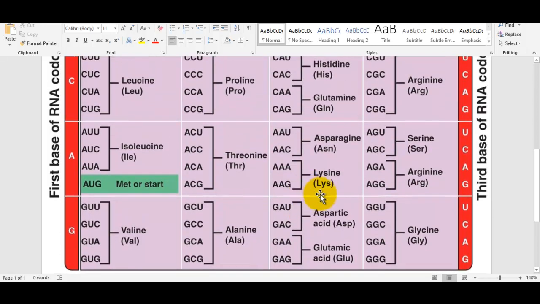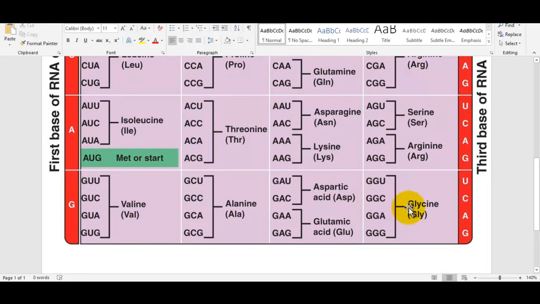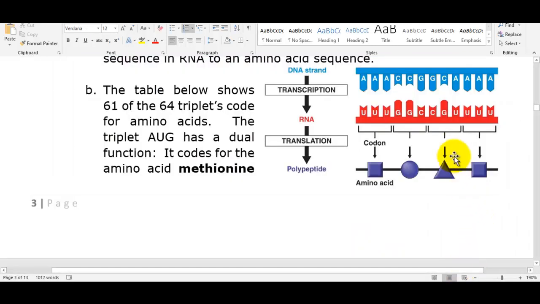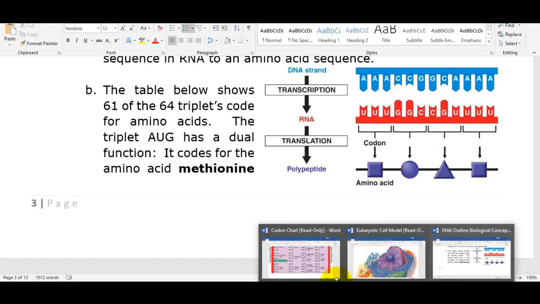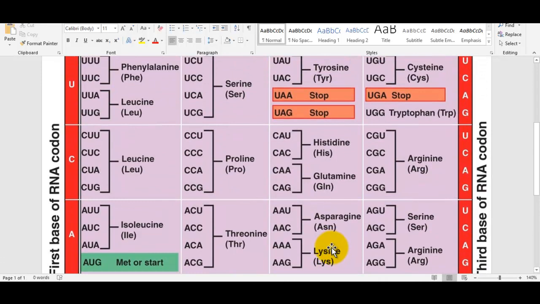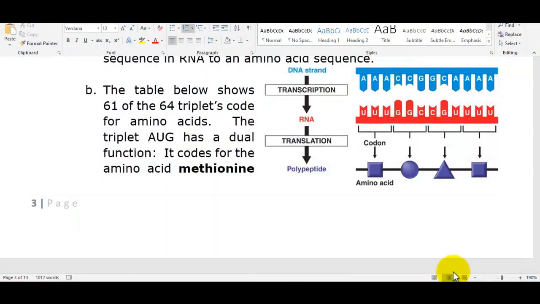I've had too much caffeine today. There it is, GGC, glycine. One more. Here's CGU. Let's see here. Yep, there it is. Arginine. Interesting. ARG. And what you're doing is building a protein.